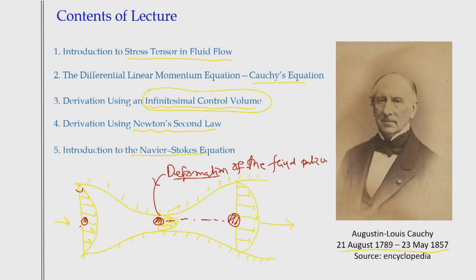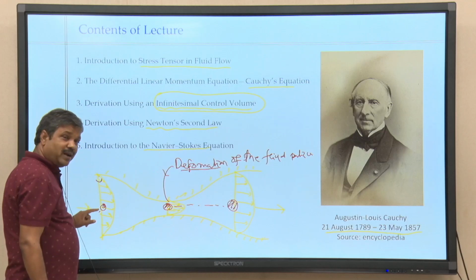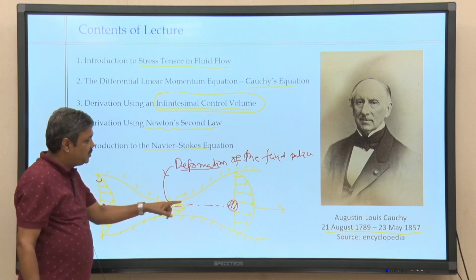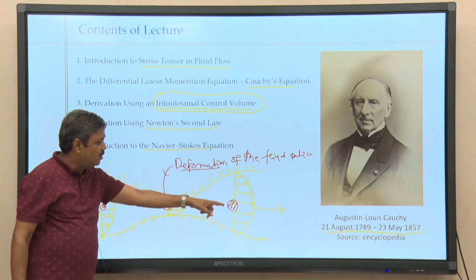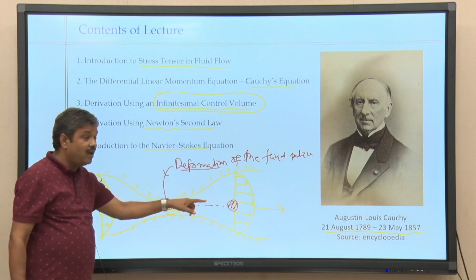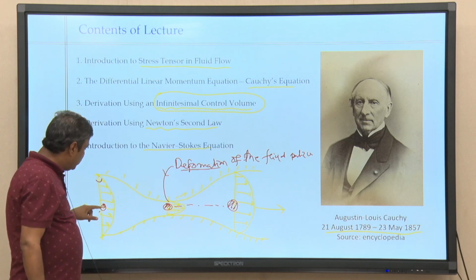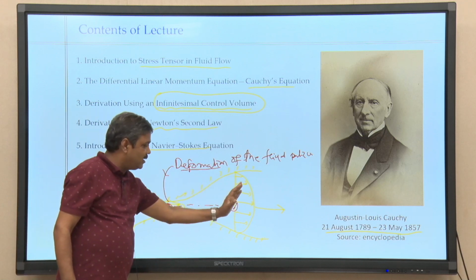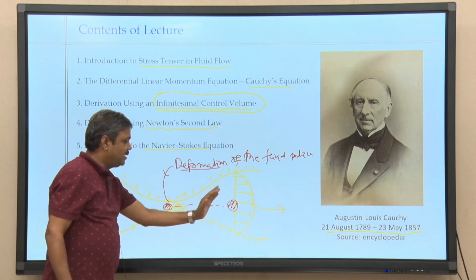Because of the change of the velocity field, the fluid particles there will undergo different types of deformations, linear deformations and angular deformations. That is what is going to happen as the fluid particles travel from this to that direction.